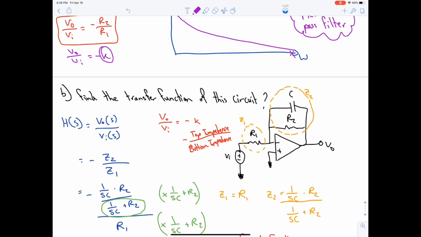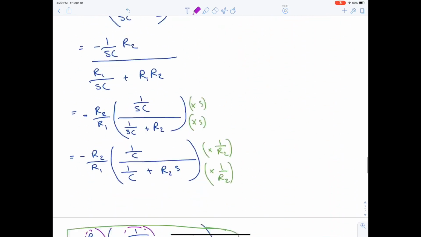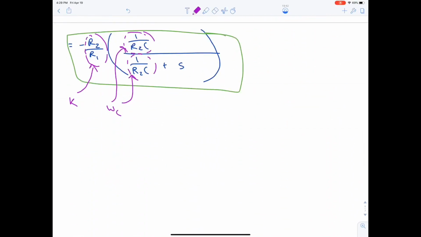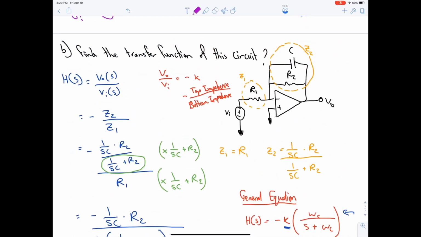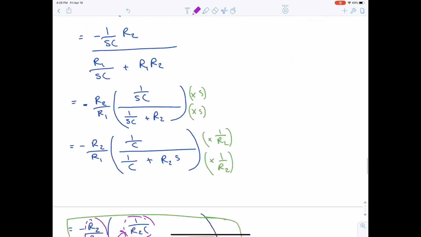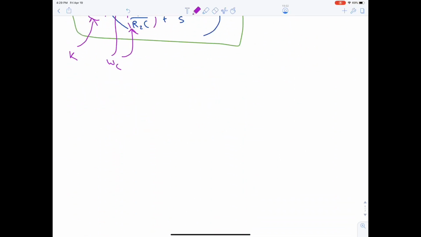Omega C is always equal to 1 over RC, and the resistance that is with the capacitor. So any resistance that is accompanying the C is placed in the omega C. So here it's 1 over R2C, and as you can see, R2 is with C. Great, let's move on.